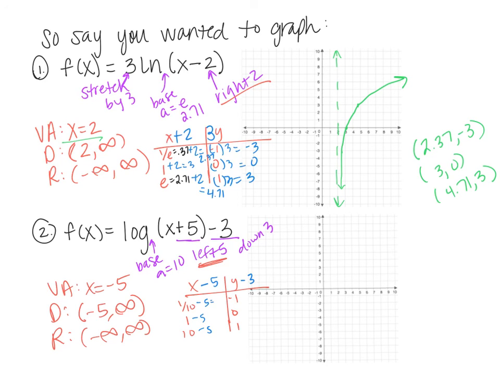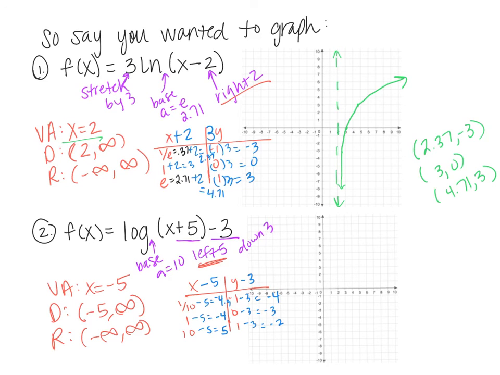I'm going to end up with a negative 4.9, a negative 4, and a positive 5. Sorry about that. On my y's, I'm going to subtract 3 each time, so I'm going to end up with a negative 4, a negative 3, and a negative 2.